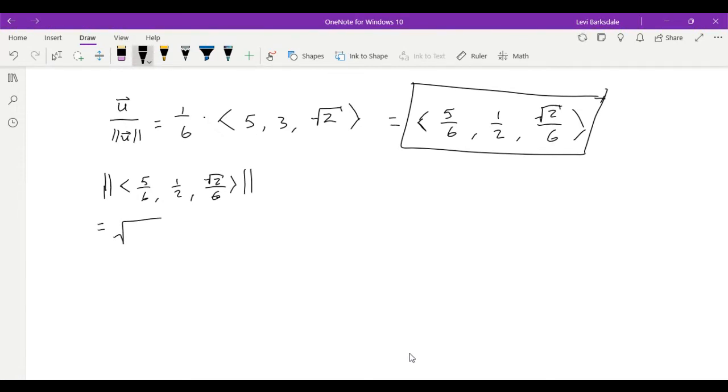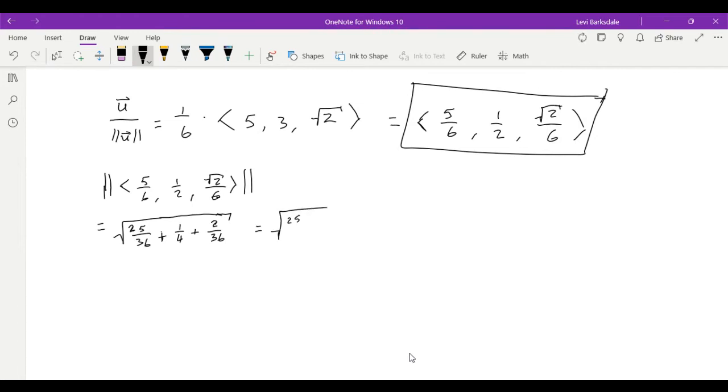So it'd be the square root of 5 over 6 squared, which is 25 over 36. 1/2 squared is 1 over 4. And root 2 over 6 squared is 2 over 36. Now we need to combine our fractions.